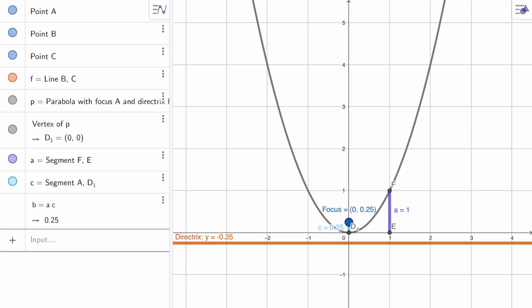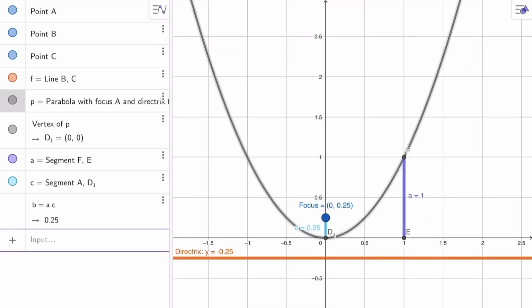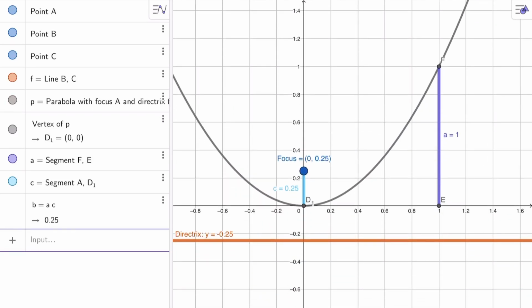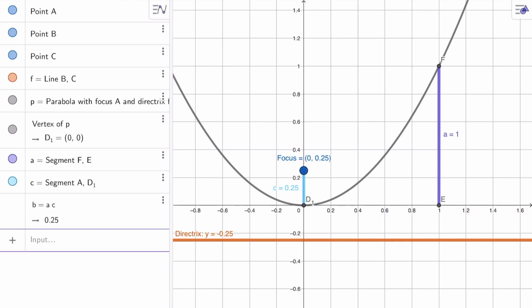So I'm going to zoom in a little bit and want you to see something that I've defined for us. We have C, where C is the distance from the vertex to the focus, and it's 0.25 or 1/4. And notice if I go down 1/4, I'm at the directrix. If I go up 1/4 from the vertex, I'm at the focus, which fulfills what I talked about a second ago.